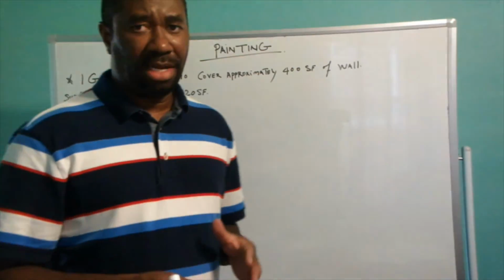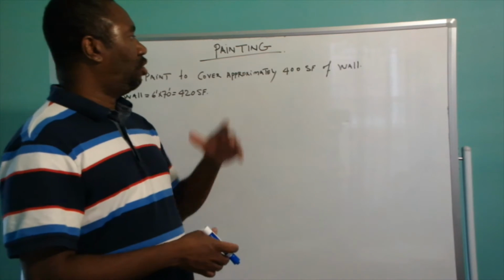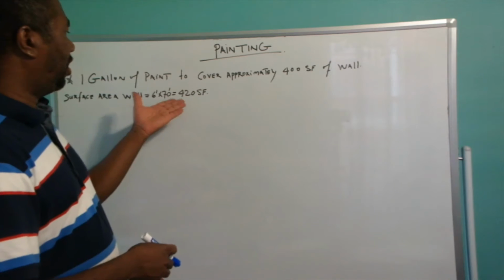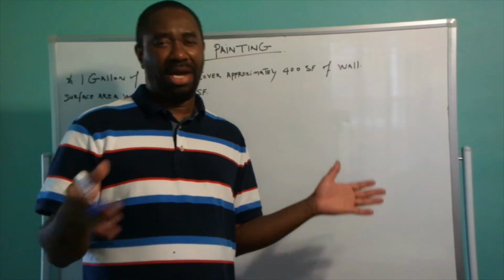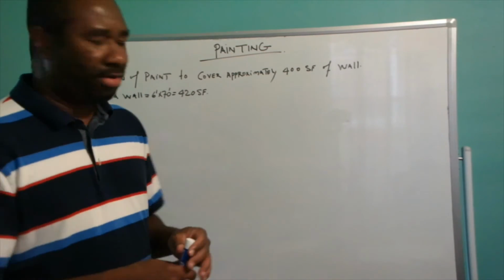Now, based on my approximation, this 400 square feet of wall is basically similar to this 420 square feet by approximation. It's just out a mere 20 square feet.